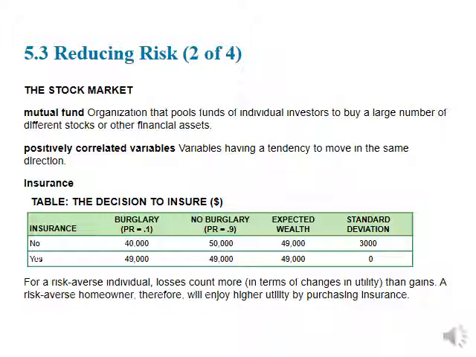What are some other ways we can reduce risk? Well, we can buy insurance. And insurance is a state contingent claim that just pays out in the bad state of the world. So previously, we saw a salesperson deciding whether or not to sell heaters or air conditioners in a world that could be either hot or cold.